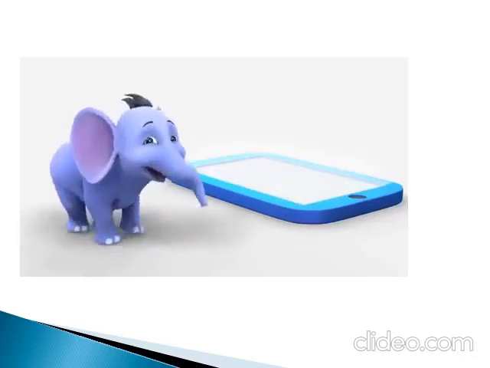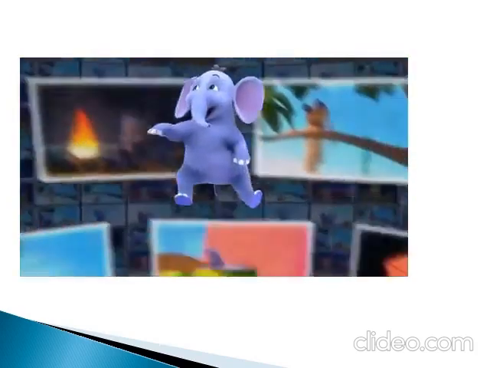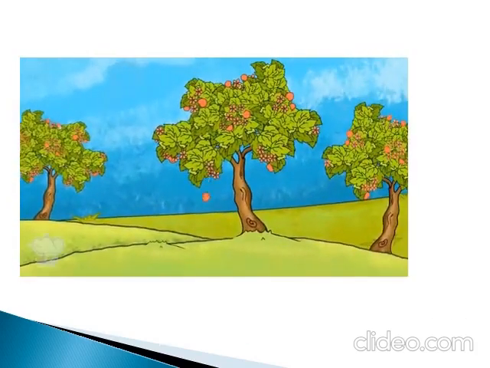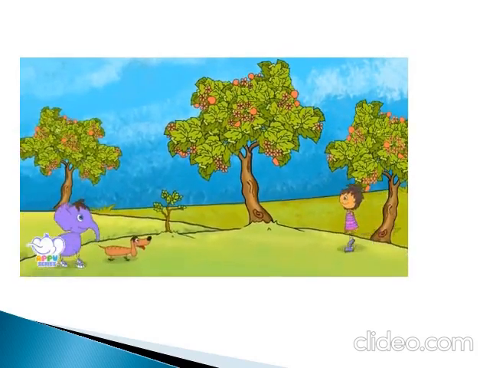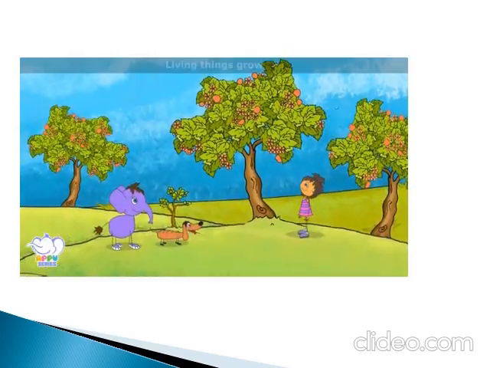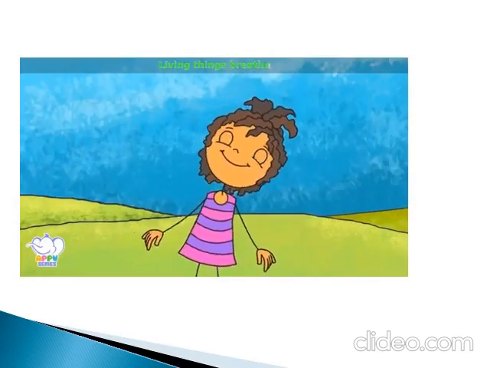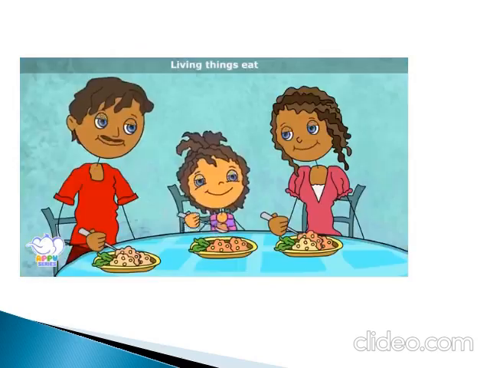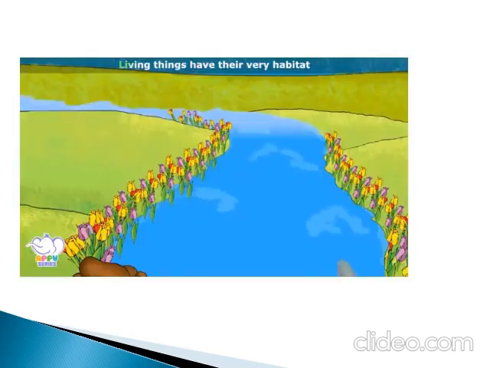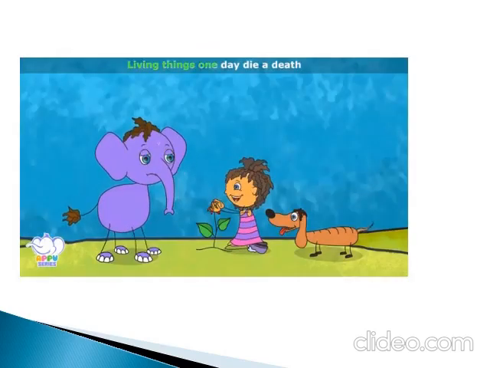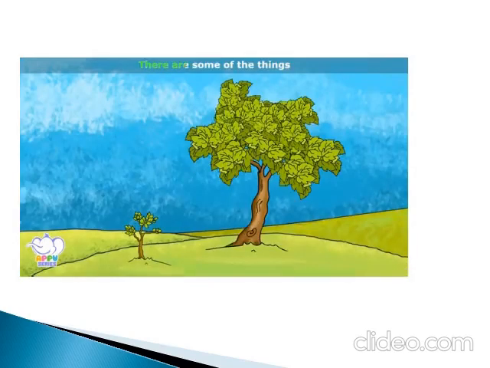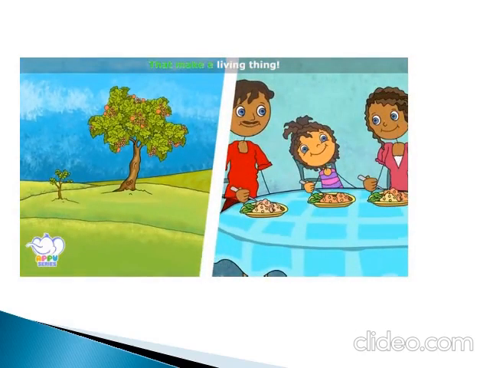Appu has the largest library of rhymes and songs in the world, in English and many other languages. Living things grow, living things breathe, living things reproduce, and living things eat. Living things have their very habitats. Living things one day die a death. These are some of the things that make a living thing.